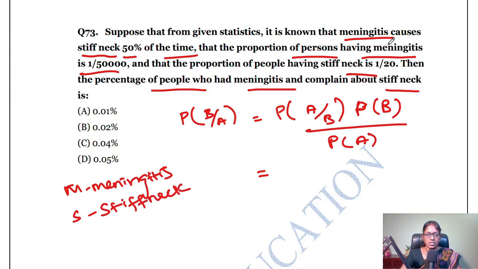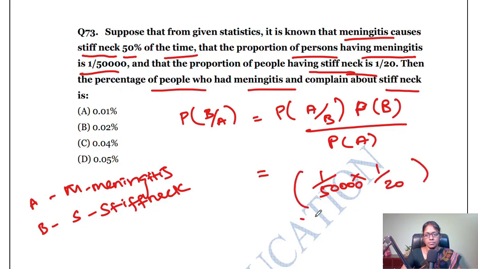Meningitis causes stiff neck, that is 50% of the time. The proportion of persons having meningitis is 1 by 50,000. Probability of A given B, and probability of B, the proportion of people having stiff neck. Stiff neck is B, M is A. Consider this. So stiff neck is 1 by 20.